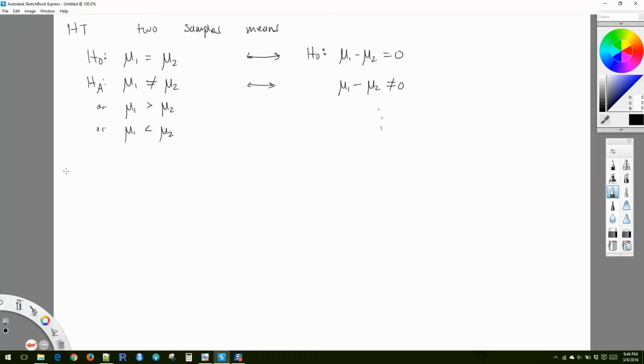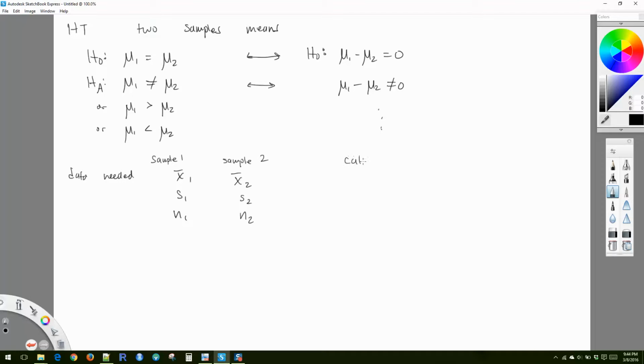Okay, data needed: x bar 1, s1, n1 from sample 1, and x bar 2, s2, n2 from sample 2.